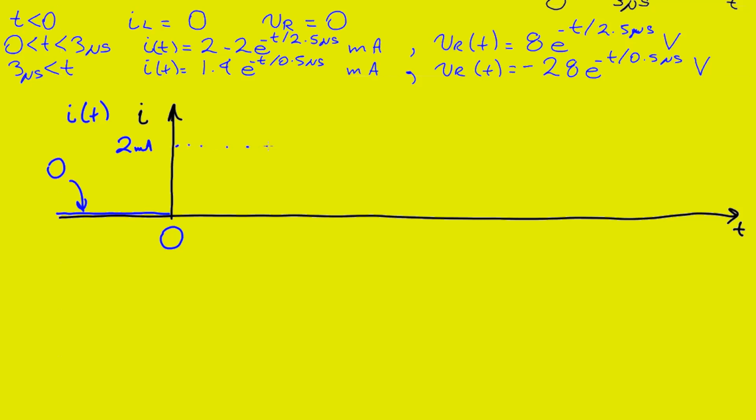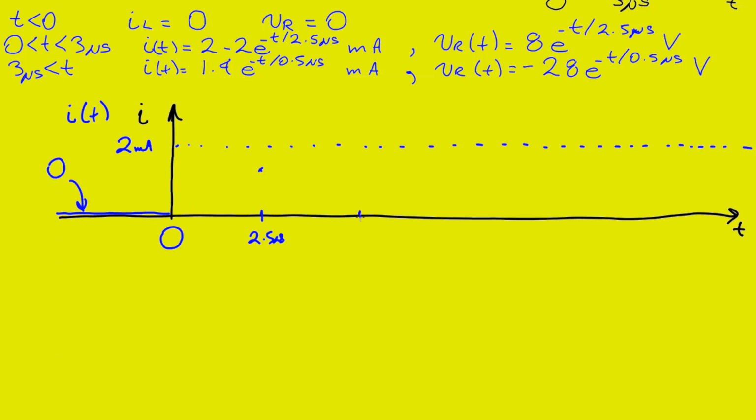So we can put a dotted line on where we think it's headed after a sufficiently long period of time. It's going to take 5 time constants to get to within 99% of the way there, or after our first time constant, 2.5 microseconds, will be approximately two-thirds of the way there, so we'll be somewhere around here.